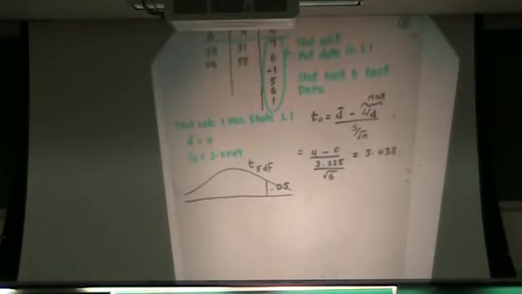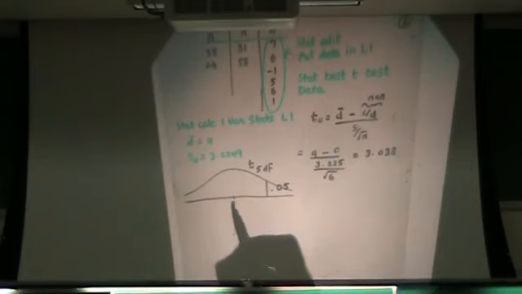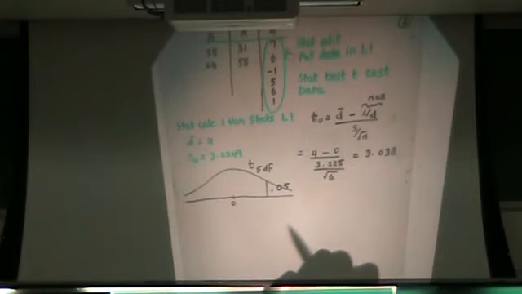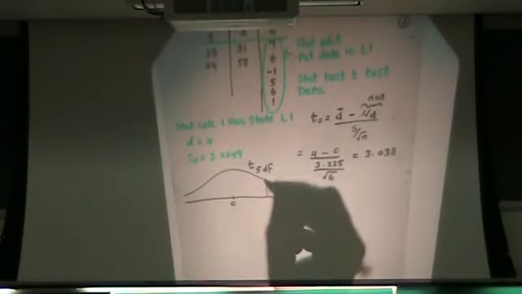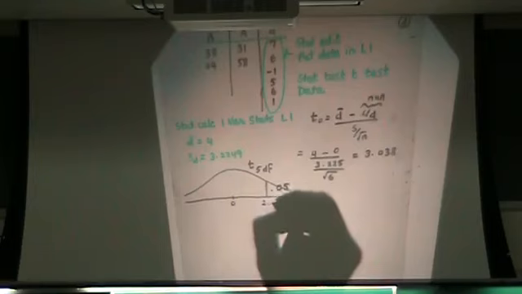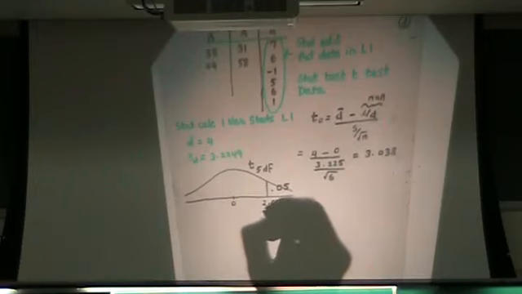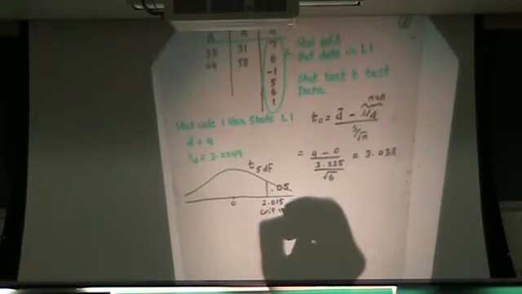So can we please go to our 5 degrees of freedom and look up our critical value? I'm looking under the 0.05 column. What do you see? Yeah, agree. 2.015. This is the critical value.